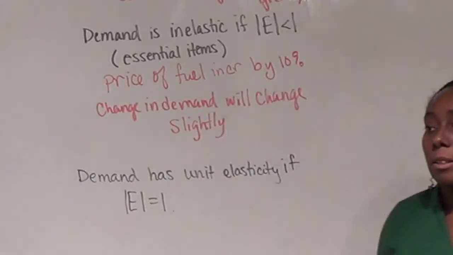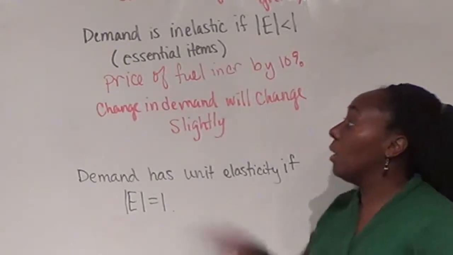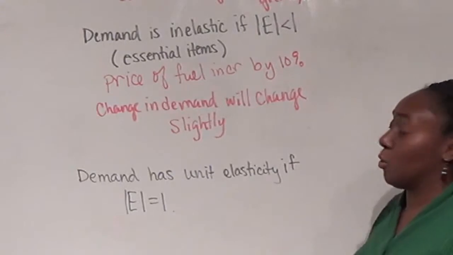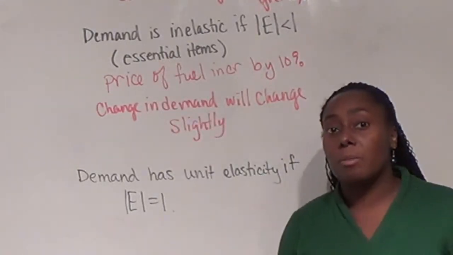Why? Because here in Alaska, unless you have another source for fuel, we're still going to pay for it. We can't just not use it. Okay? You can think of these, like I said, as your essential items.